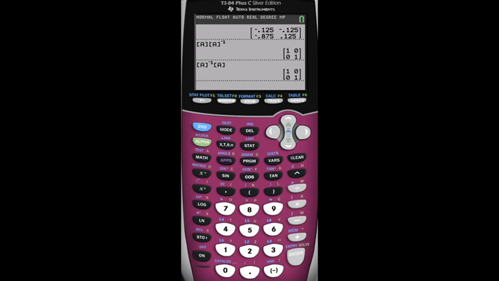Now, if you want to solve an equation with this, like we did by hand in video 8.2, you just go into your matrix menu, put in the matrices that you need to solve for this. So for this one, we have a 2 by 1 matrix, and our values are 10 and -10.